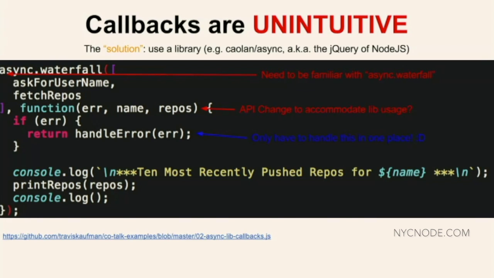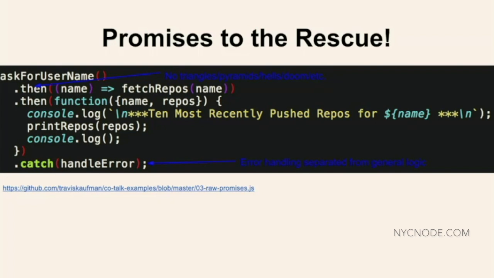So thankfully, the folks at TC39, the ECMA committee, realized that this was an issue, namely, I think, Domenic Denicola, and we have promises now to handle this. Promises are great. They're my favorite feature in ES2015.